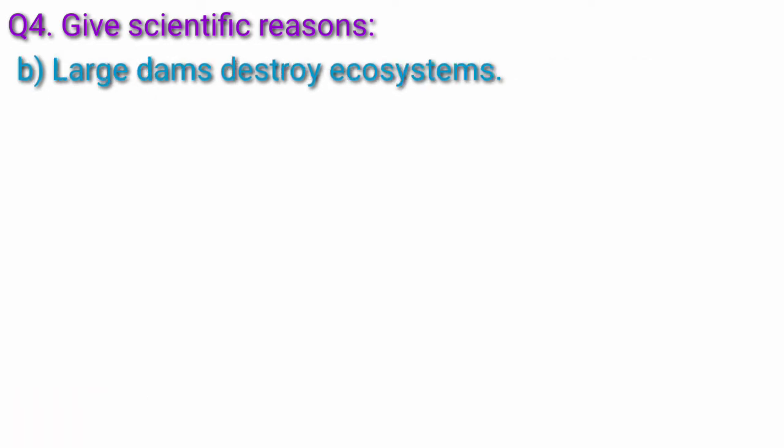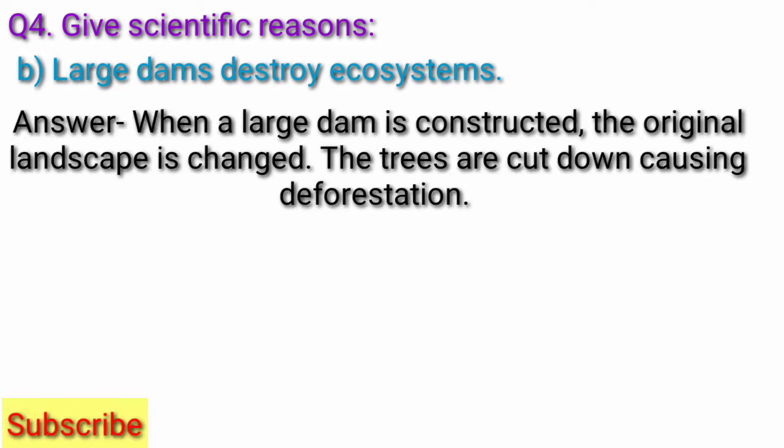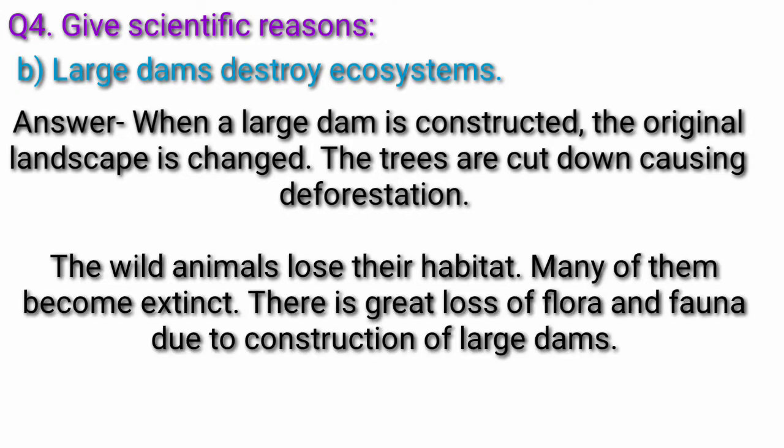Question B. Large dams destroy ecosystems. Answer. When a large dam is constructed, the original landscape is changed. The trees are cut down, causing deforestation. The wild animals lose their habitat. Many of them become extinct. There is great loss of flora and fauna due to construction of large dams.